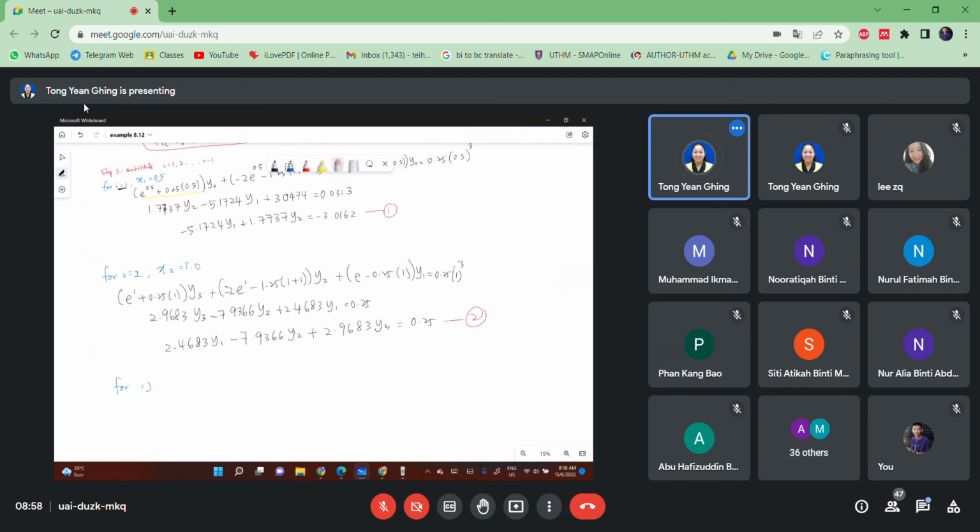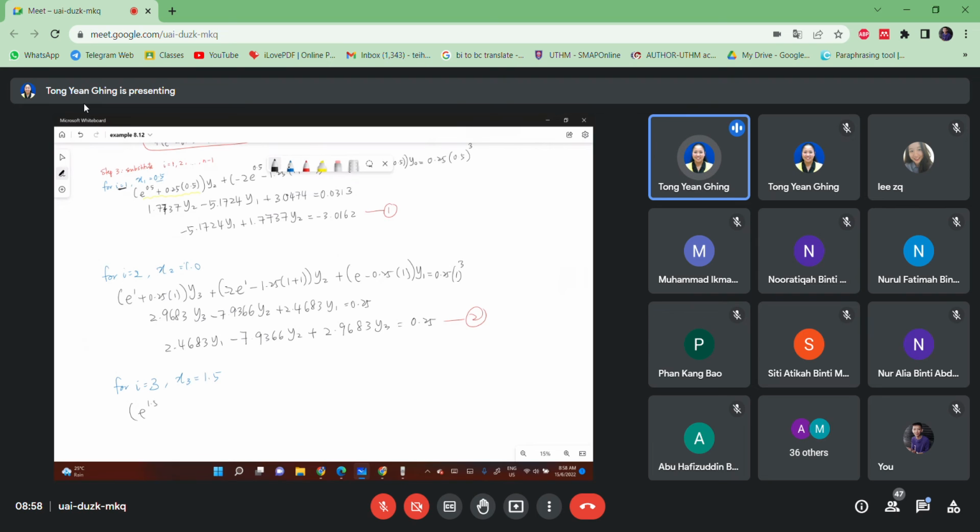This is I. I equal to 3. Kenapa macam ni? I equal to 3. Where x3 equal to 1.5. So we have to substitute.